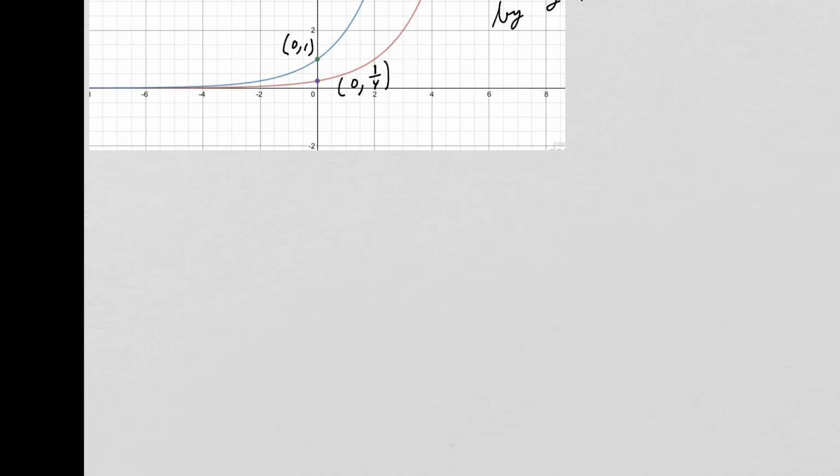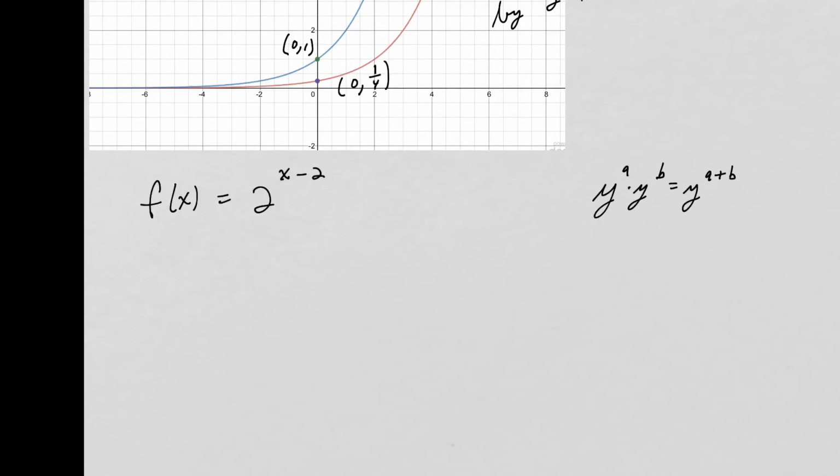So again, we had 2 to the x minus 2. But remember, if you're using your rules of exponents, if I have y to the a times y to the b, that's equal to y to the a plus b.